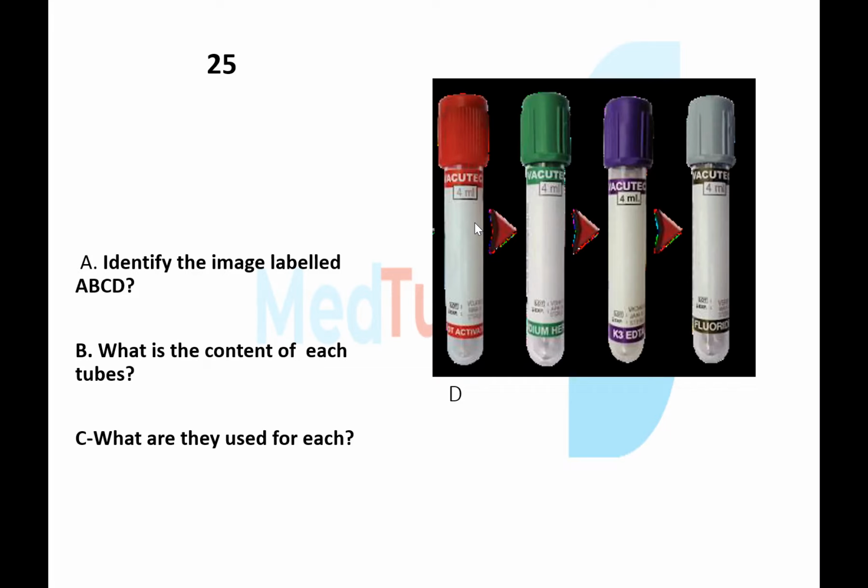The name is written on it too. Glucose test. Yeah, it's for glucose, but what's the name? Fluoride oxalate. Exactly, fluoride oxalate bottle to check for glucose. Okay, so next slide.